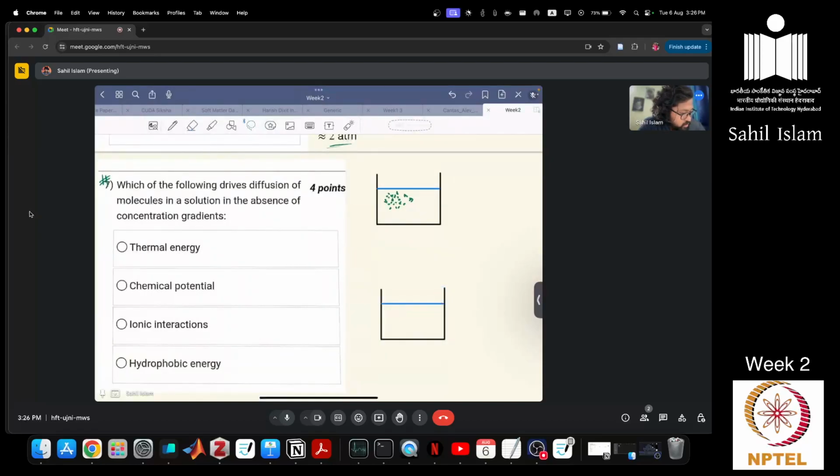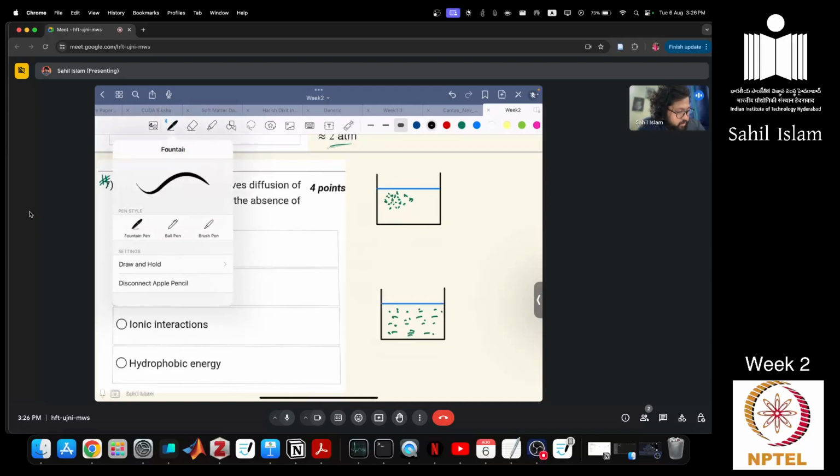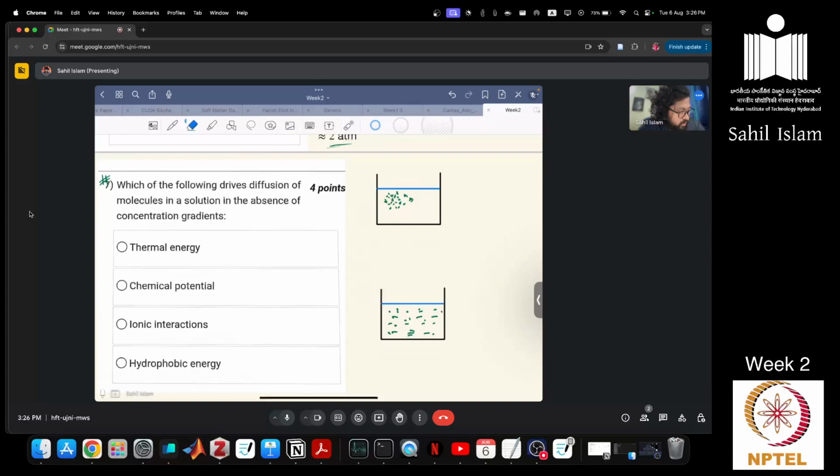If you calculate the concentration around this solvent, it will have a gradient. There is a higher concentration here and a lower concentration here. So in diffusion, molecules travel from higher concentration to lower concentration, so high to low.